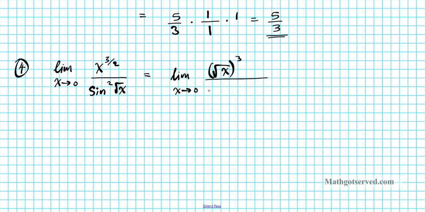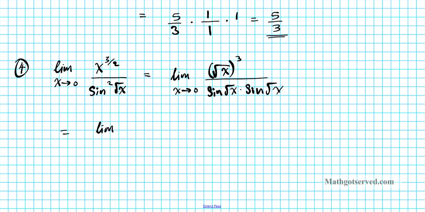divided by, since we're squaring sine root x, we can write this as sine of root x multiplied by sine of root x. Okay? You see a pattern forming here? Let me write it out so that it's easy for you to tell.